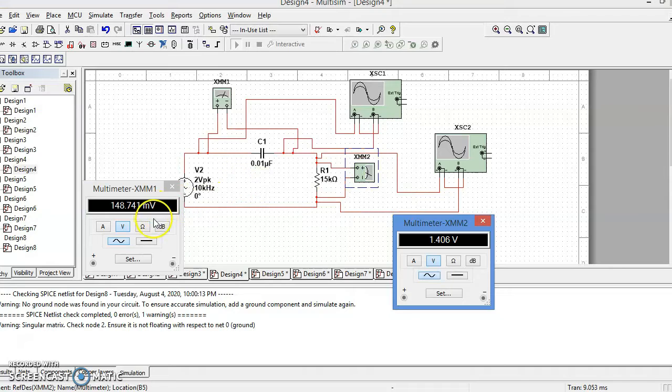The value for the voltage for capacitor is 148.74 volt, and the voltage for resistor is 1.4 volt.